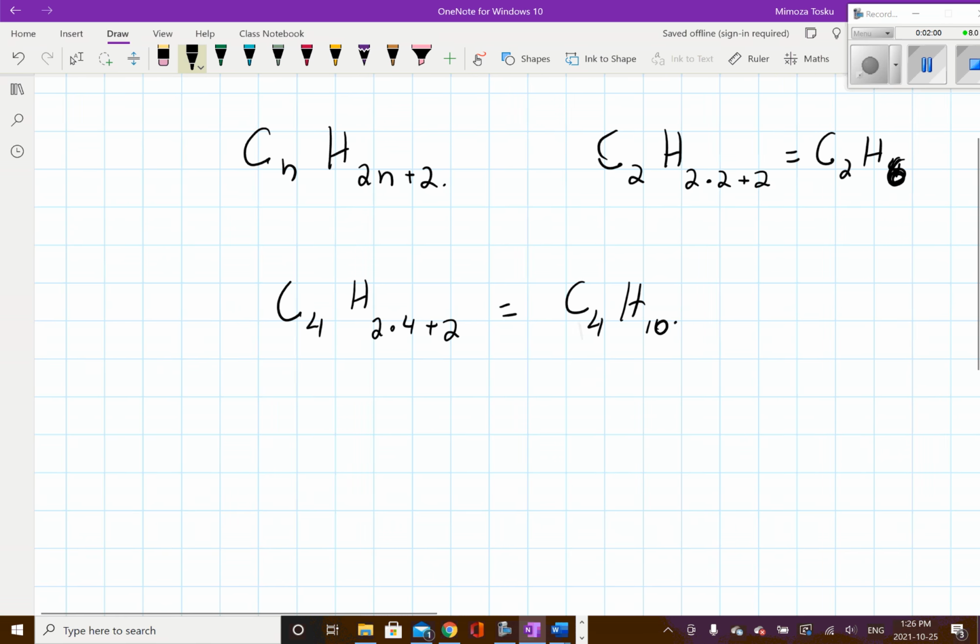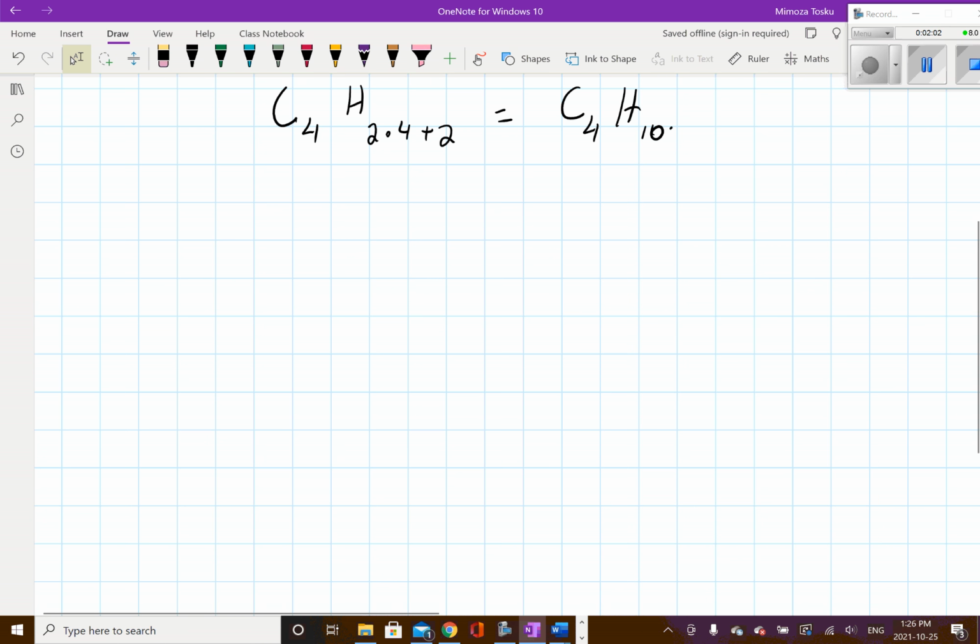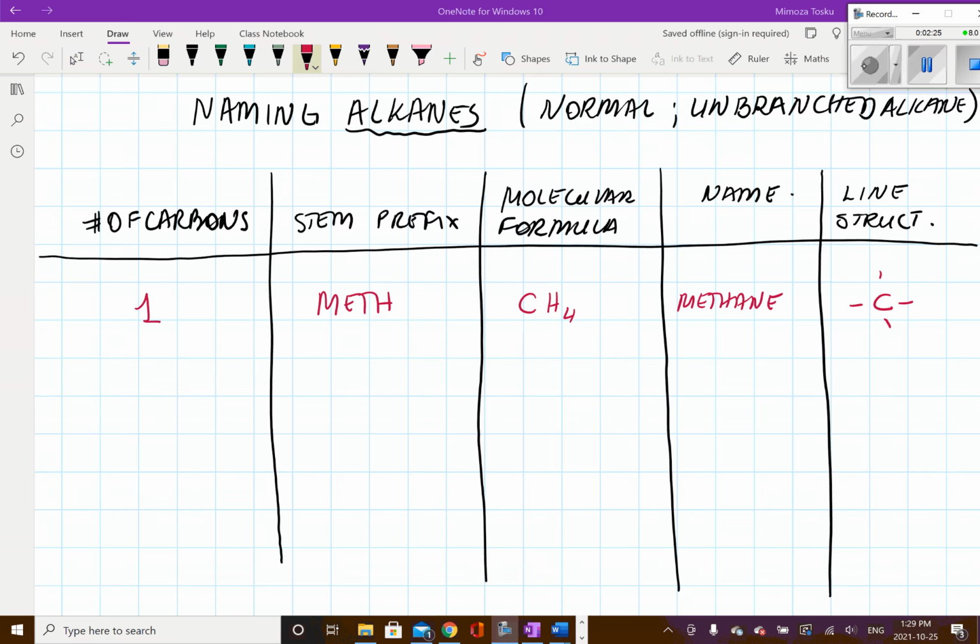Okay, so now let's see how we can name alkanes. I will stop the video and draw a table here so that you have this table in your data booklet and then use it for your practice. The more you practice, the better you will become at them.